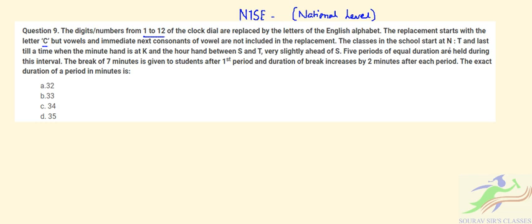The classes in the school start at N hours T minutes and last till a time when the minute hand is at K and the hour hand is between S and T, very slightly ahead of S. So 5 periods of equal duration are held during this interval. The break of 7 minutes is given to students after the first period, and the duration of break increases by 2 minutes after each period. Now we have to find the exact duration of a period in minutes.